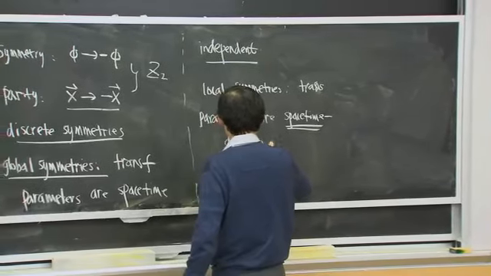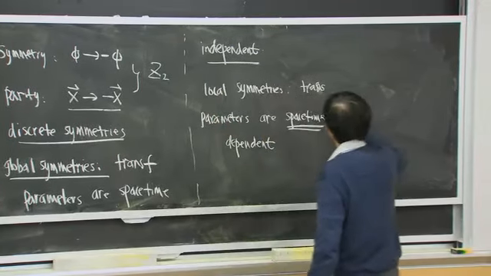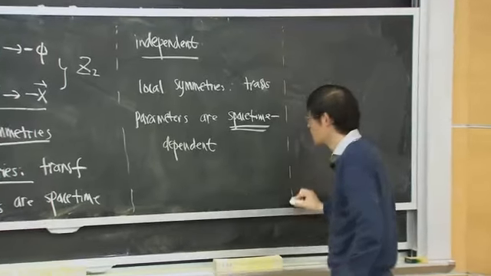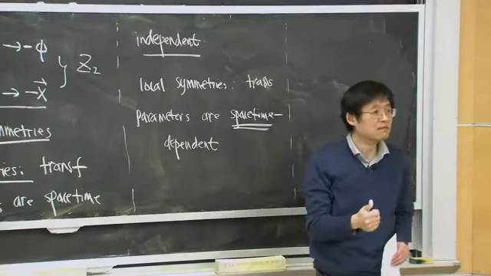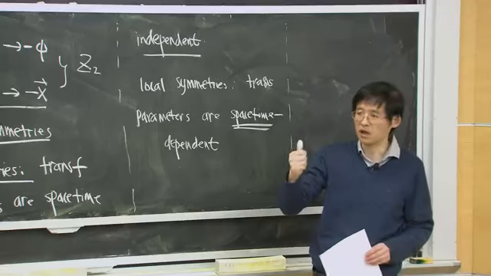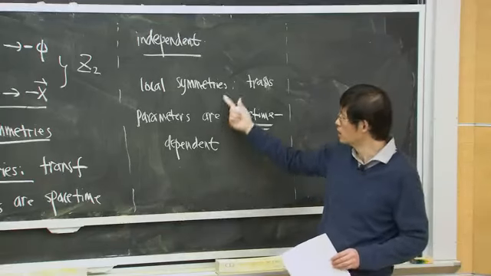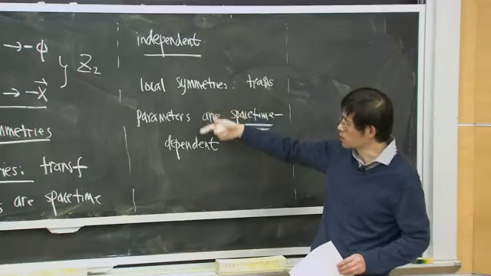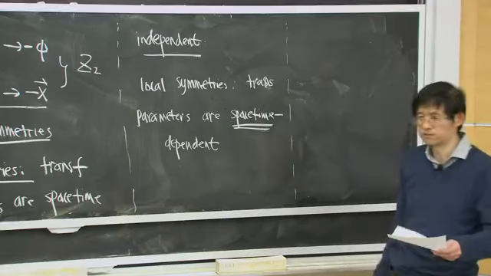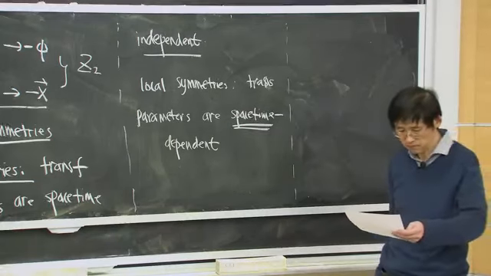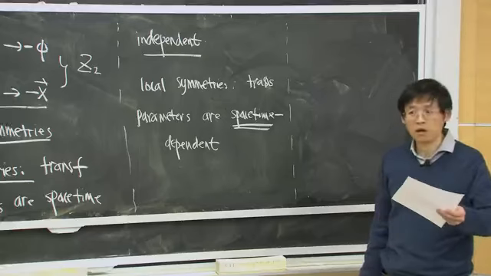So an example of a local transformation, which you may remember, is the so-called gauge transformation in E and M. Anyway, later we will go back to E and M again, and you will see examples of this local symmetry. Any questions?